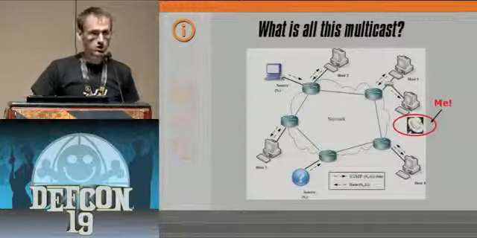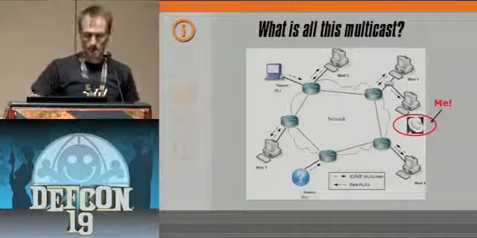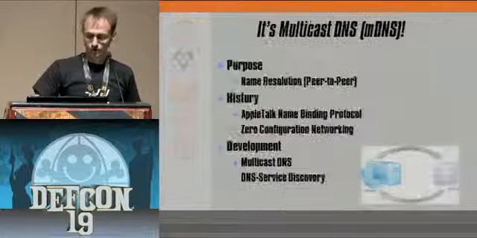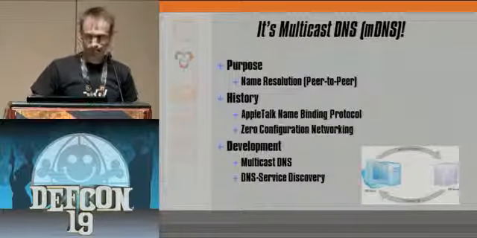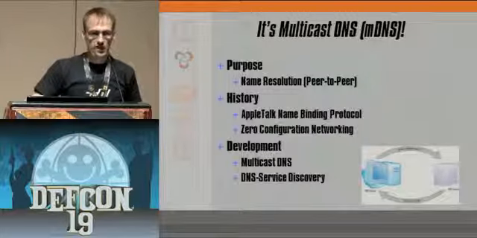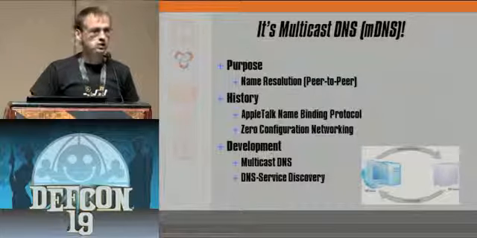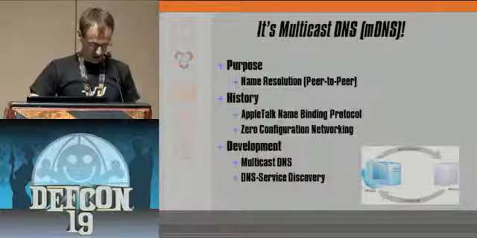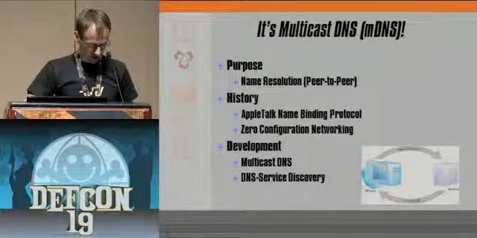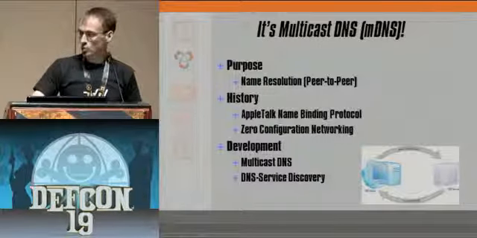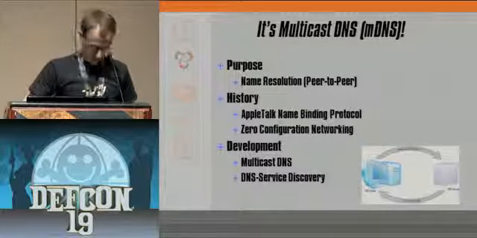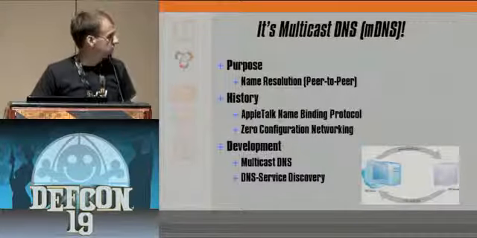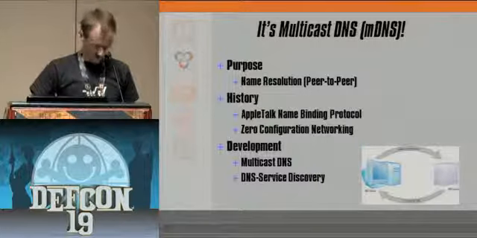So I went ahead and did a little research on this multicast, and this is what I found. It is multicast, or it was multicast DNS. And the purpose of multicast DNS is peer-to-peer name resolution. It does have a history. Multicast DNS is the successor to AppleTalk name binding protocol, and it was eventually added to Apple's zero configuration networking initiative.